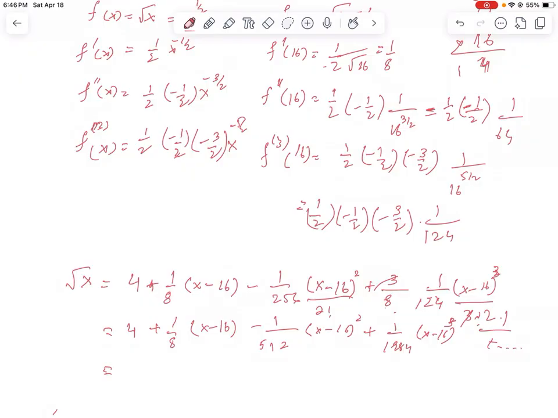Here we don't have to write the general term, because we are not expanding it to infinity. We are only writing the first 4 terms. So that's it. You can simplify. You don't need to have a formula here. So this is how we do the series.